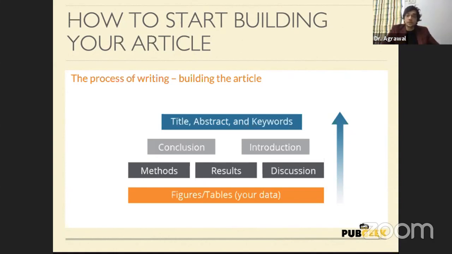And then after you yourself have understood your article completely and thoroughly, you write your title, then you write your short abstract, and then you write your keywords, right? It's not title, abstract, keywords, then intro, then methods, results, discussion, conclusion, and figures and tables. So it's completely different from how a person is actually going to read the article, right? But it's something that will help you. You don't need to write it like this, but it's something that helps me, and I'm sure will help you when you are writing your articles.